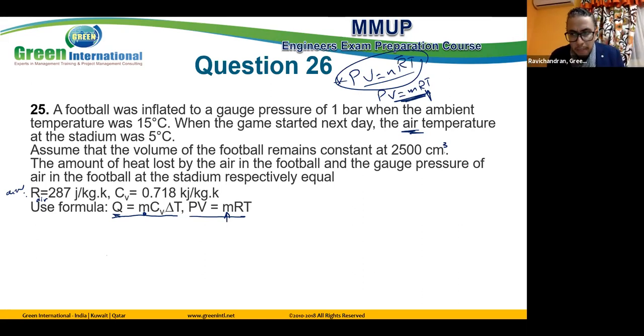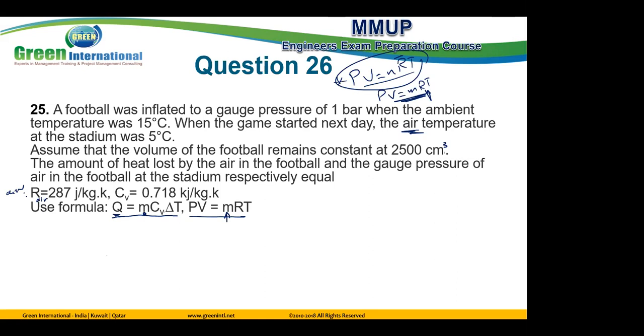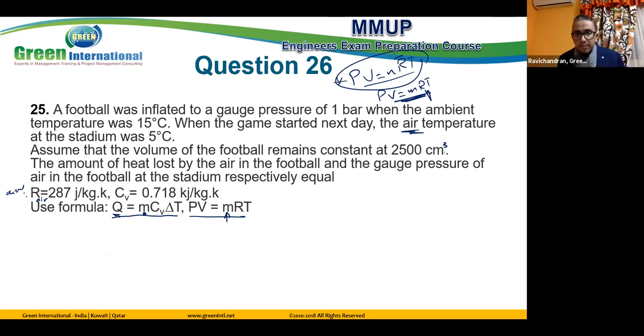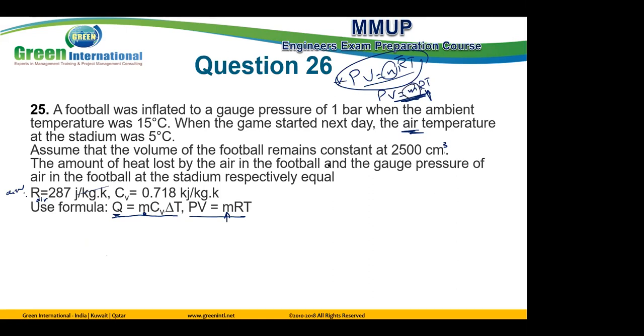If in this question R is not given, then we take the equation PV equals nRT. But since they give the R value, and even if R were not given, n is not required in this problem. The required is m. Okay, clear.